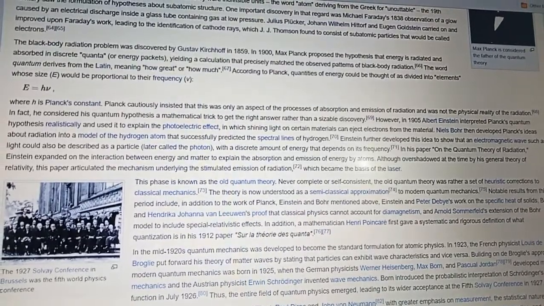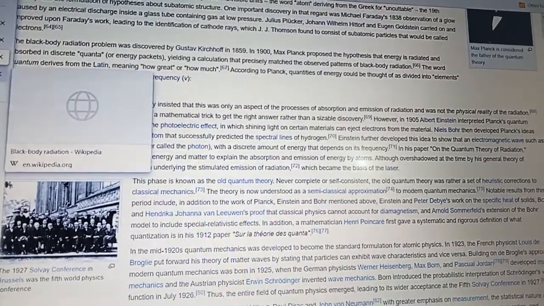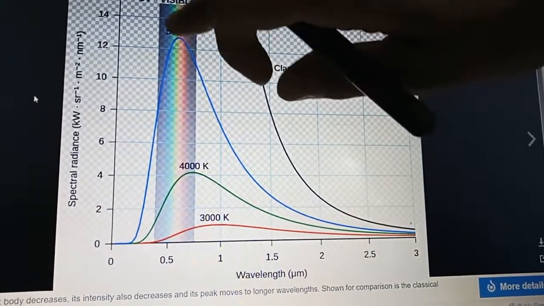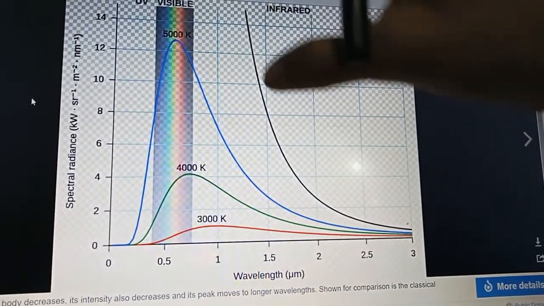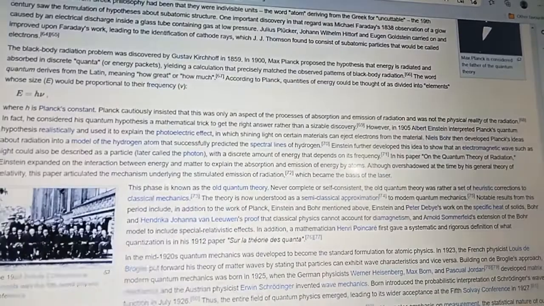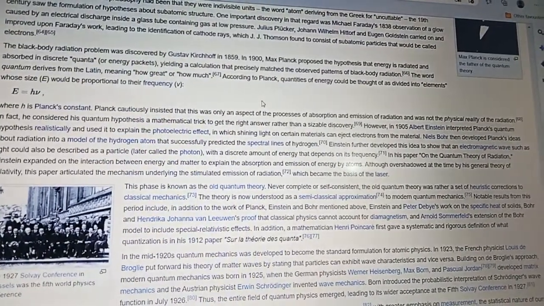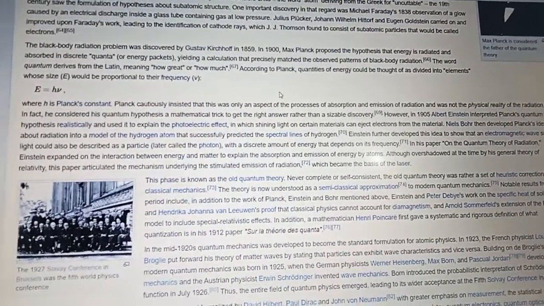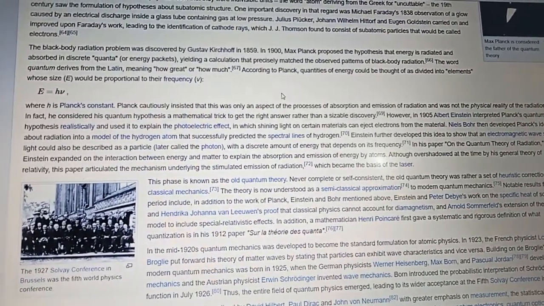What is the observed pattern of blackbody radiation? We have seen over here, this is the observed pattern, and this is the prediction of classical theory. Here it fails, but once you apply the equations you get the precise value that matches the experiment as well as the theoretical calculations.